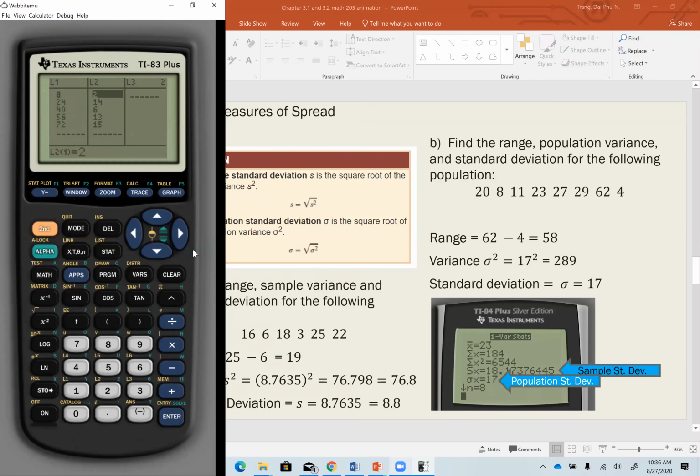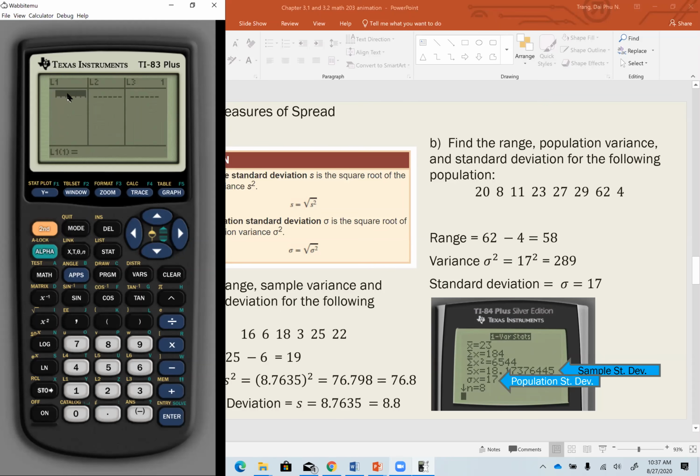If you want to clear L2, highlight L2 and then click clear. You can clear each list individually. If you want to clear the whole thing, go to L1, highlight L1, press clear, and then press enter, and that clears everything else. Don't ever click delete. Click clear. So everybody see that I cleared my item.